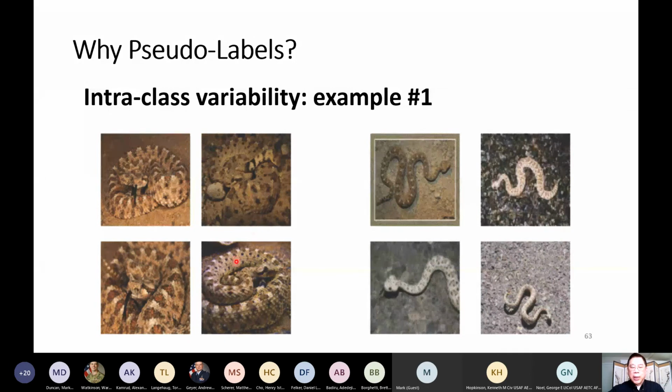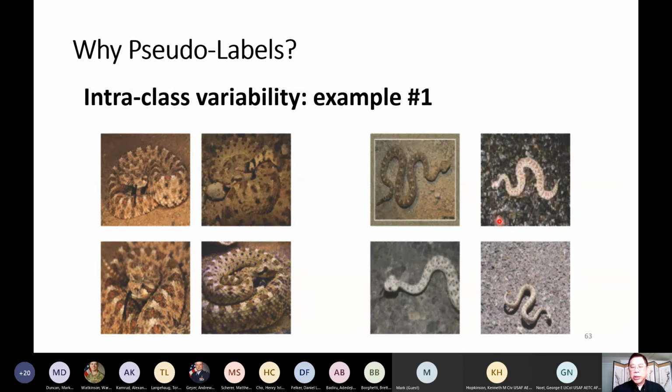These features are close to each other. These images are in the feature space close. These images are in the feature space close. But these two groups, they are not close in the feature space. So that means it's really intra-class variability. The same snake, they have a different cluster. So you need to do this kind of clustering.